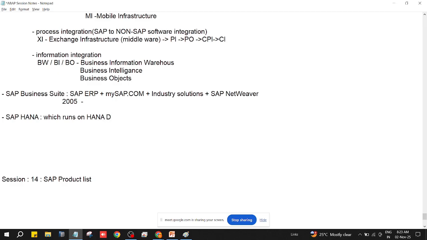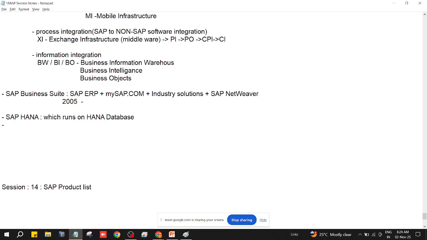HANA is the primary database. Secondary databases could be Oracle, DB2, etc. But this is our HANA 1.0, then 2.0 came. Then after that, this HANA in-memory database, a lot of extensions were introduced in HANA.